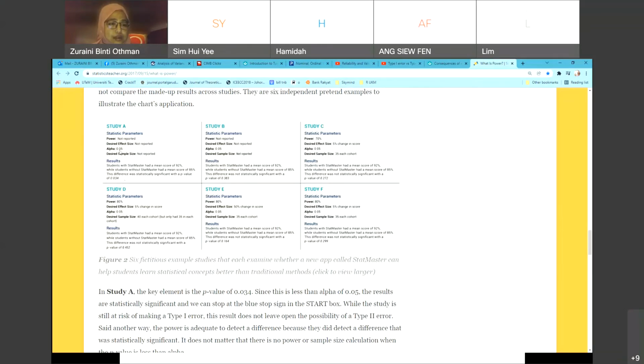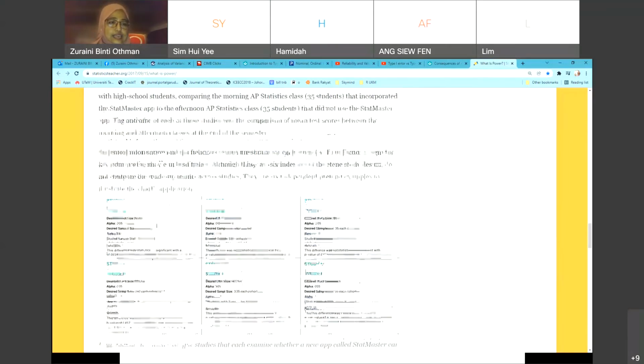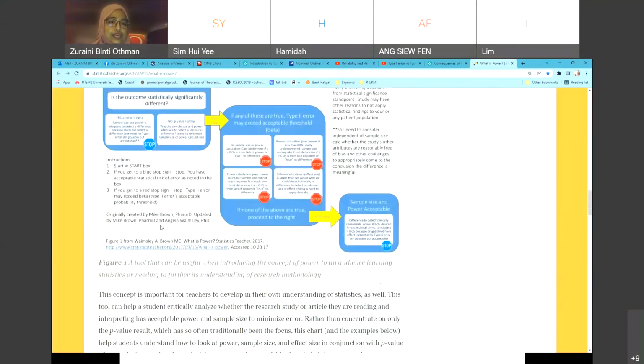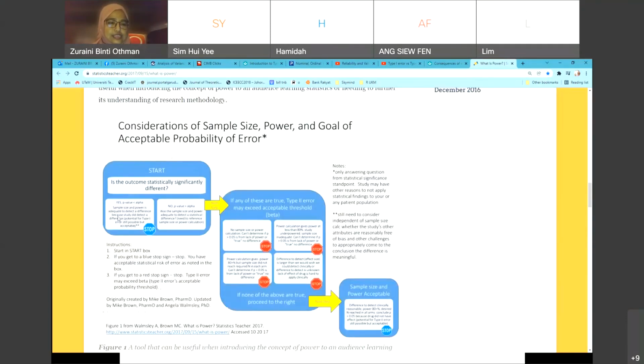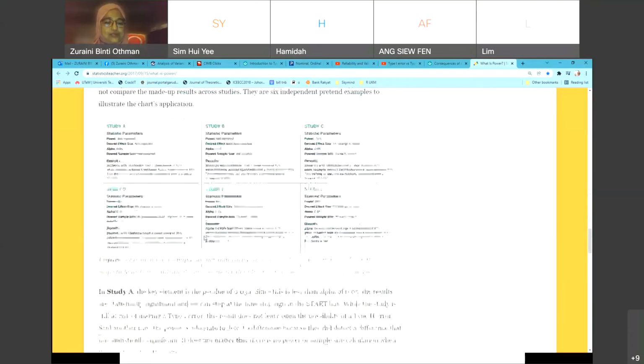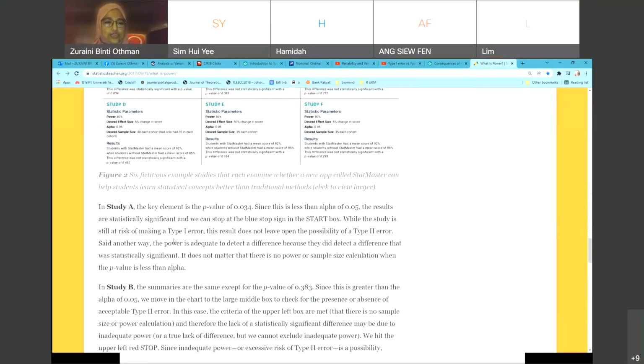This is alpha 0.05, and this is our p-value. We found that our p-value 0.034 is less than 0.05, so study A is located at this stage. Then it may stop. You can find further explanation of how they conclude.